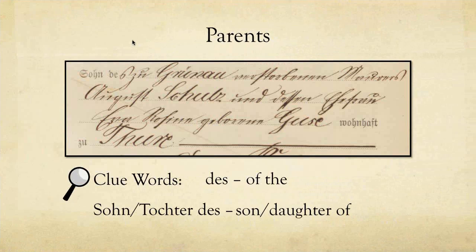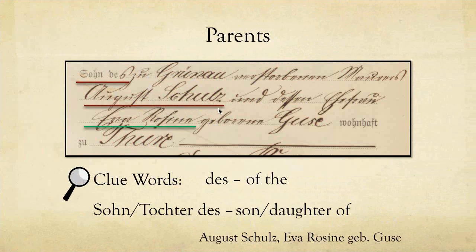And if we're getting Sohn des, son of, what's going to come next? The parents' names. So once you see the phrase son of, scan the line until you see a name. And here you get August Schutz and Eva Rosina. And then we get her maiden name following geboren, and that's Guse.